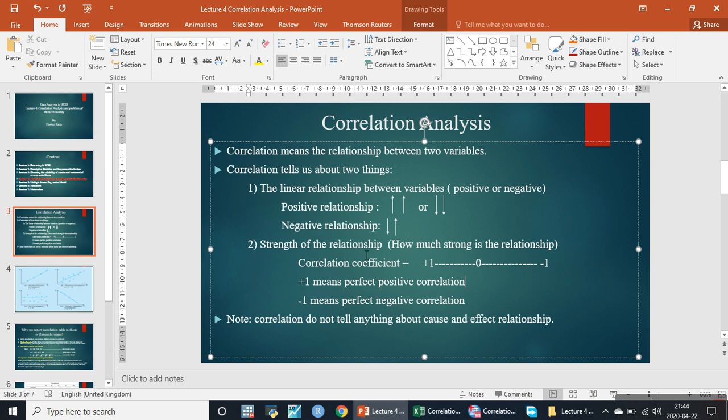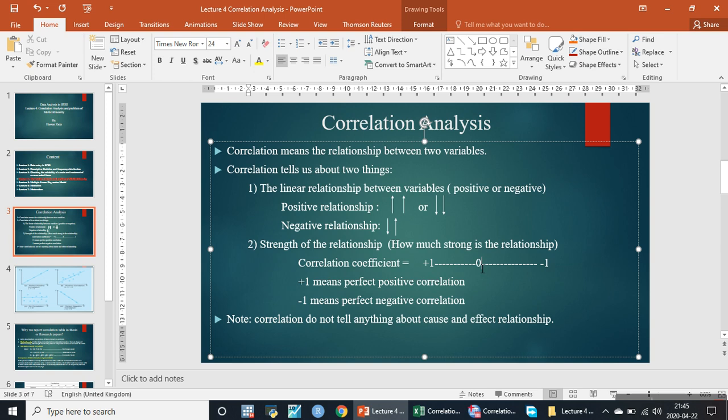The strength of the relationship can be identified through the correlation coefficient, through the value of the correlation coefficient. And the range of the value of correlation coefficient is from plus 1 to minus 1. 0 means no relationship, whereas 1 means perfect positive relationship.